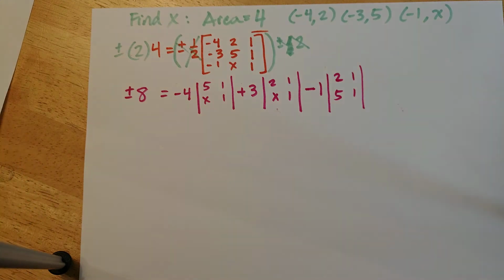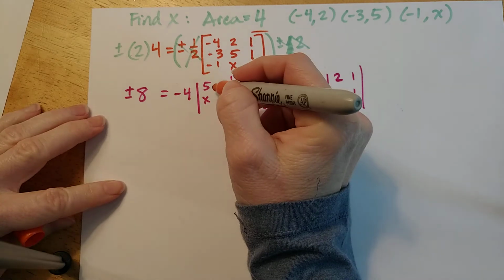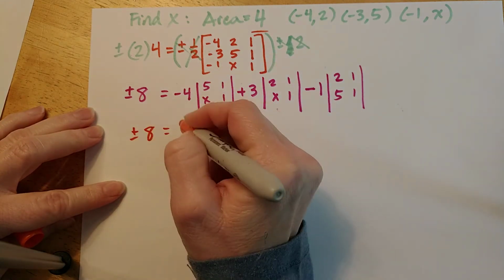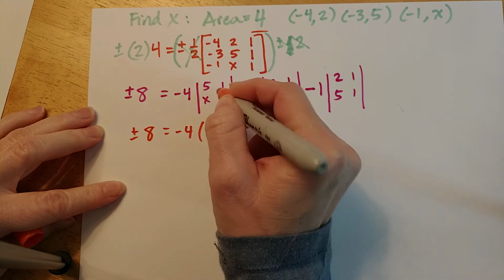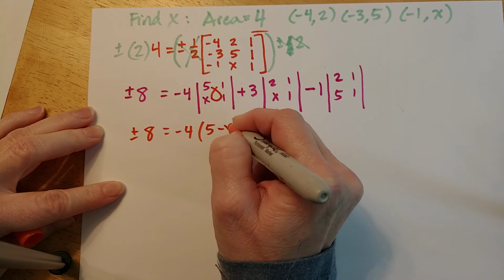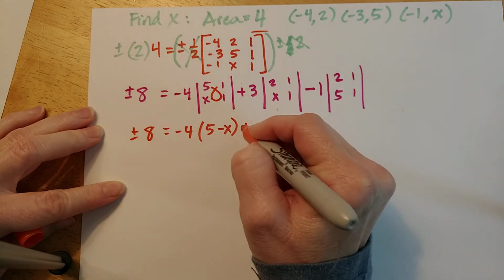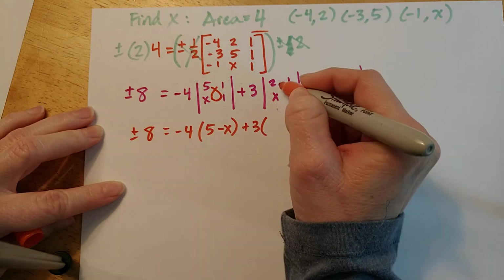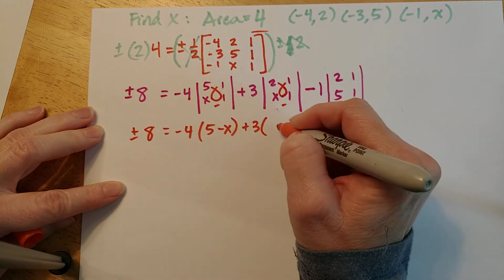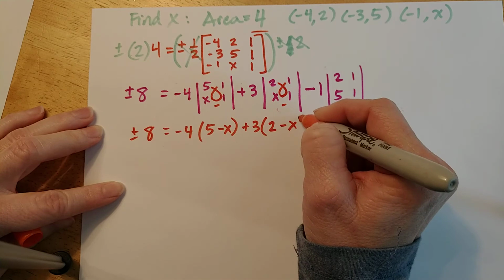I'm going to figure this out, feed my fishy here. So we've got this stuff going on. So plus or minus 8 equals -4 times 5 minus x times 1. So 5 minus x. And then positive 3 times 2 times 1 minus x. Okay, so 2 minus x.